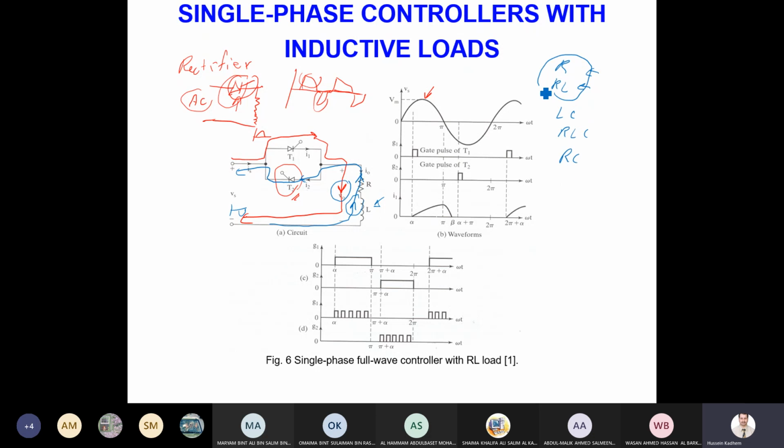But why do we focus more on resistive and resistive-inductive loads? Because most of the applications in our world are resistive or inductive loads, especially in industry.